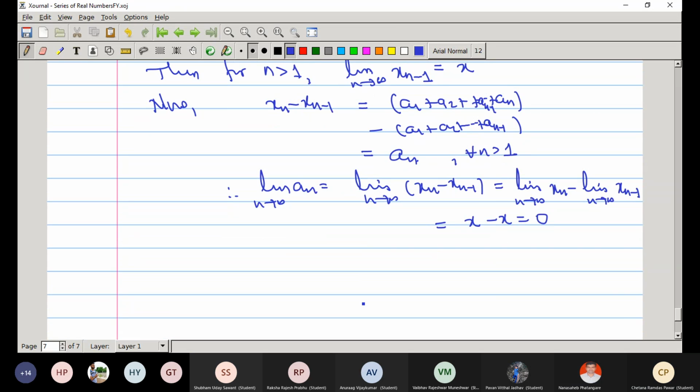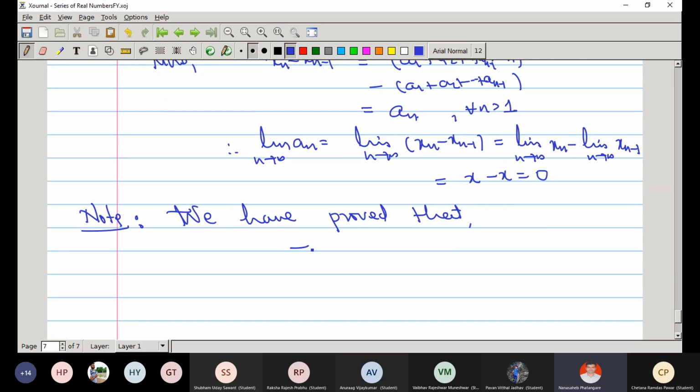Yes, sir. Right, very good. And therefore what is the significance of this theorem? What we have proved is that if the series an is convergent, then the limit of an is 0.